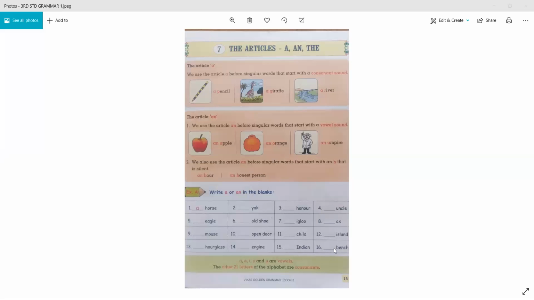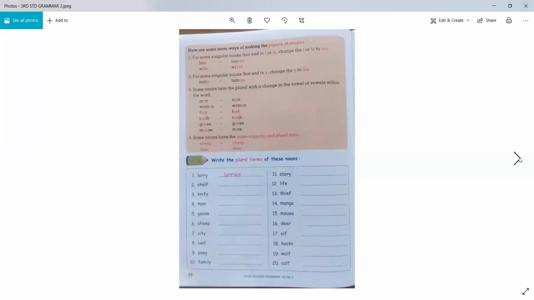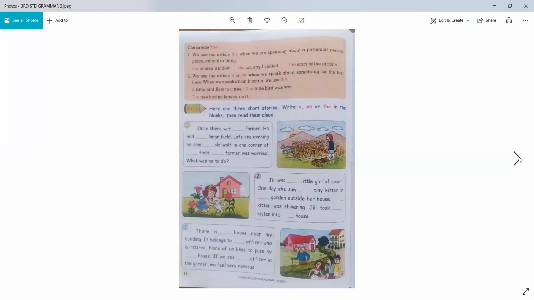Understood, students? Okay. So I'll change the page. Here in this lesson, some more exercises are given.